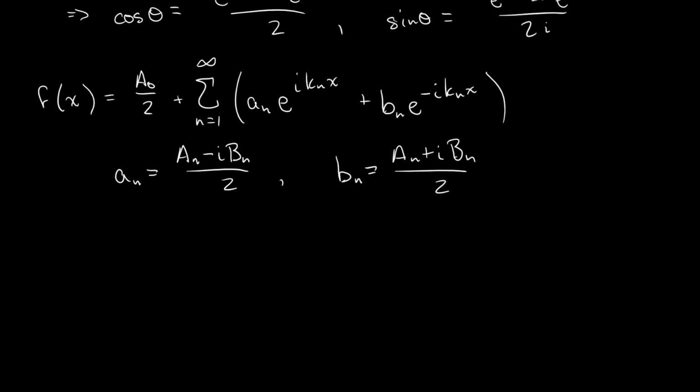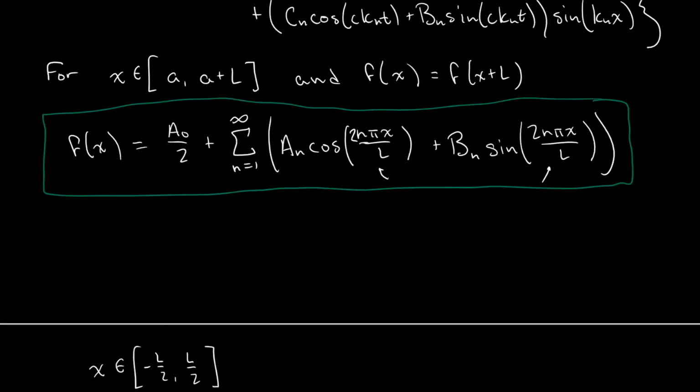Now, we have to be a little bit careful here, because we might be tempted to just right away say, okay, well, obviously a sub n is just equal to the complex conjugate of b sub n. But we do have to be careful, because there can be cases where this function itself is complex. In which case, going back up here, if f of x is complex, the cosines and sines are real.